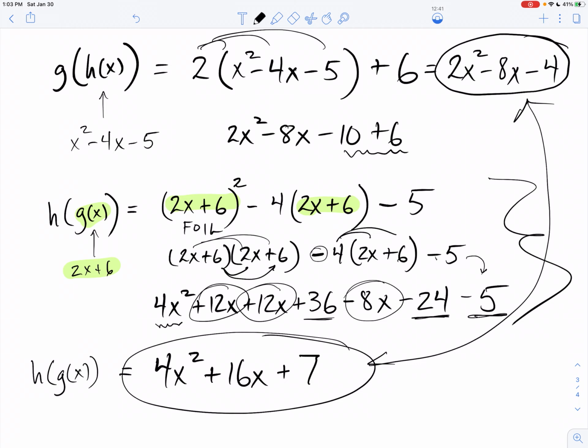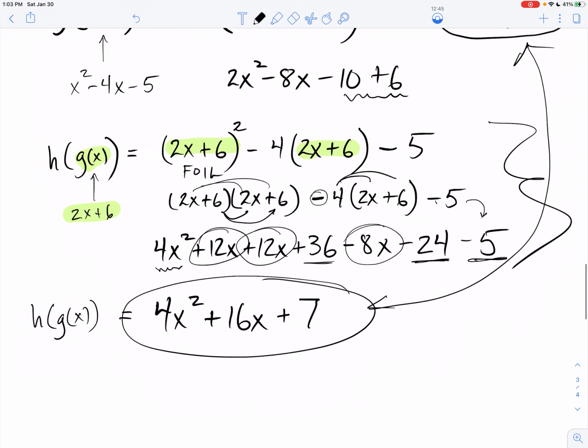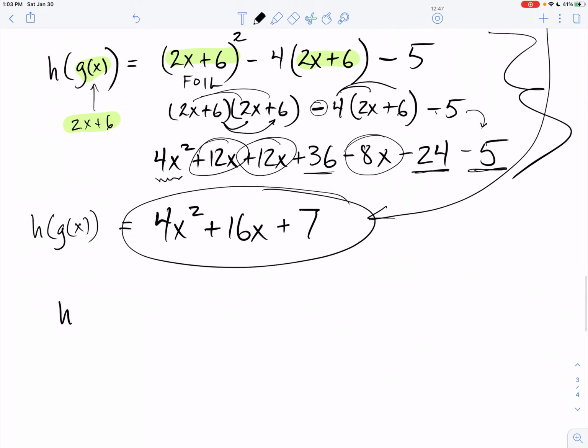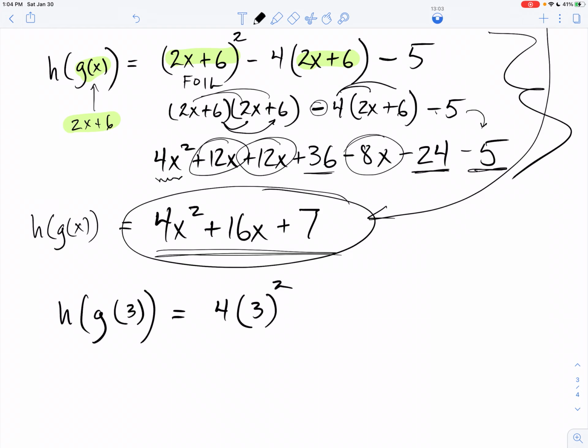They're not all that bad. For example, what if they asked me to find h of g of 3? Well, I just created this function right here, so I could say, hey, calculator, help me out. I need to plug a 3 in wherever I see the letter x.